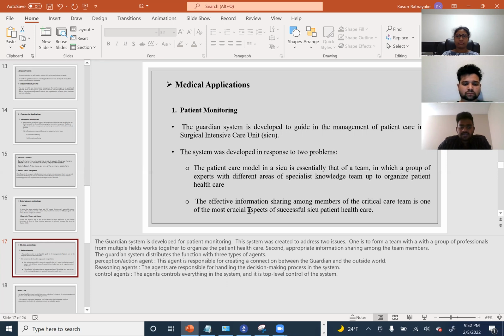The Guardian system distributes the information with three types of agent. They are action agent, reasoning agent, and control agent. The action agent is responsible for creating a connection between the Guardian and the outside world, the reasoning agents are responsible for handling the decision making process in the system, and the control agent handles the top level control of the system.